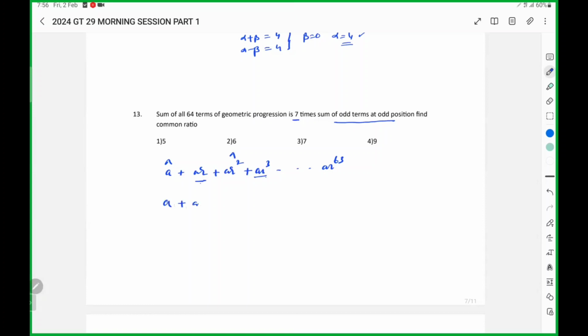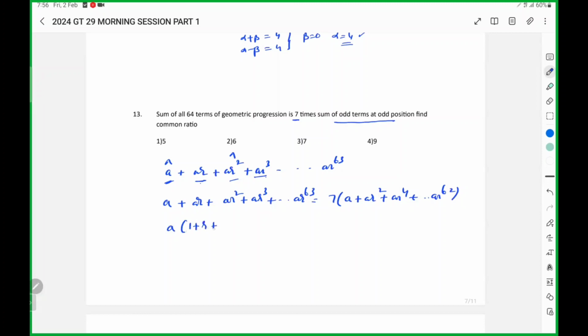Sum of all terms is 7 times the sum of odd terms: first place, third place, like this, up to AR power 62 we get. Find the common ratio.